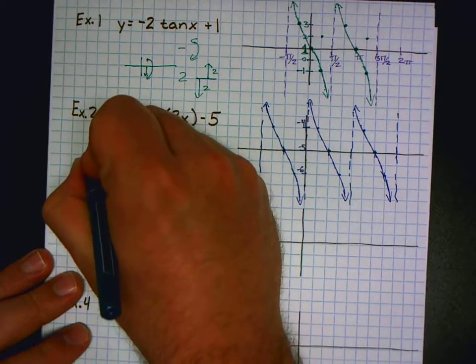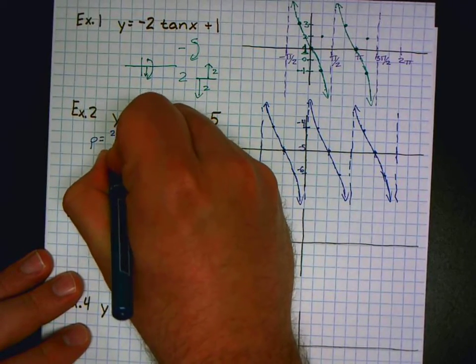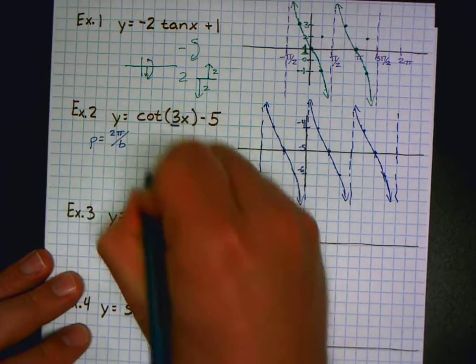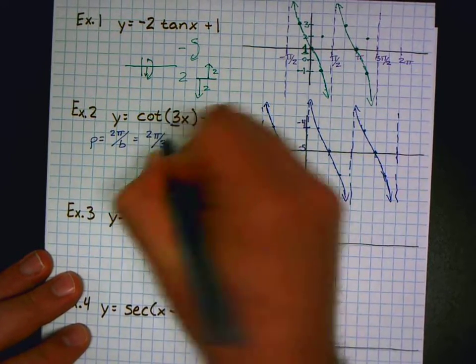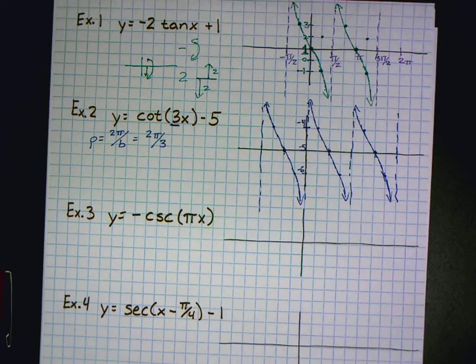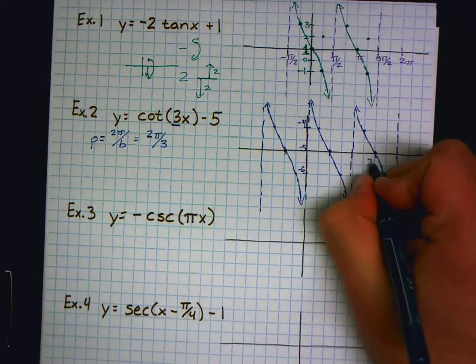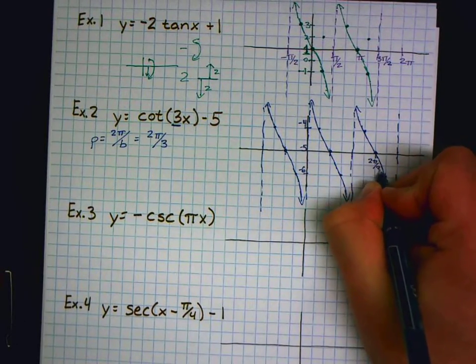Okay, so period. Period is 2 pi divided by b. So that means that this 2 pi mark here is 2 pi over 3.